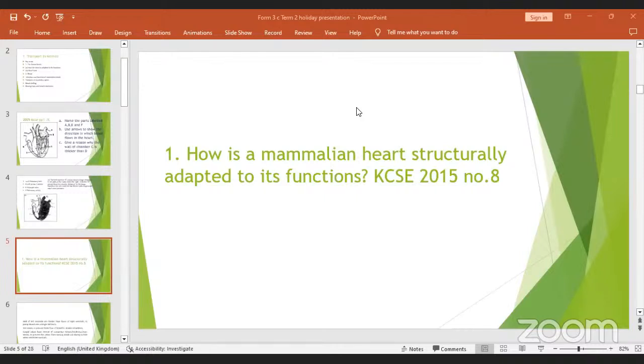Those are the 3 points. First, it secretes pericardial fluid, and the role it plays. Second, it prevents overdilation. And third, it is covered by a layer of fat that cushions it against mechanical damage. 3 of them. I'm seeing the chats here.